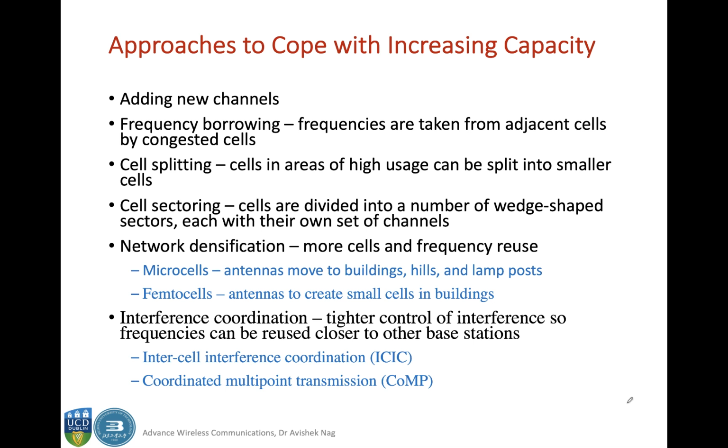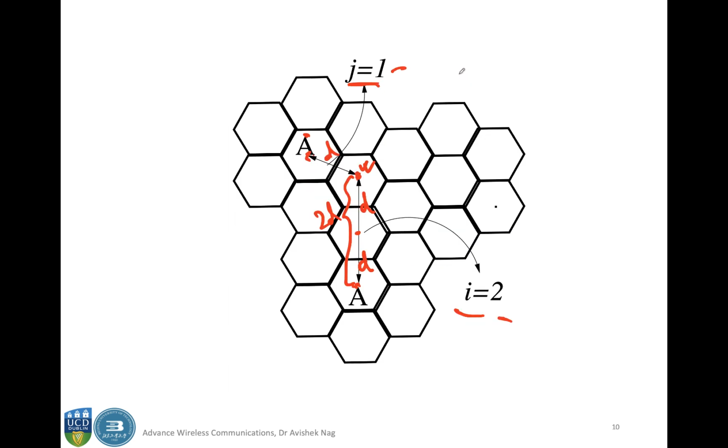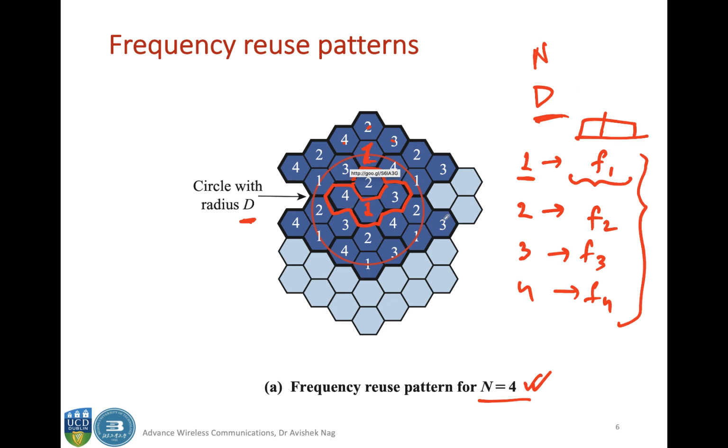Approaches to cope with the increasing capacity. Okay, so you just saw that you can only use a certain set of frequencies for a channel, for a cell. If you are using frequency reuse, then depending on the reuse factor, you can use a certain set of frequencies.